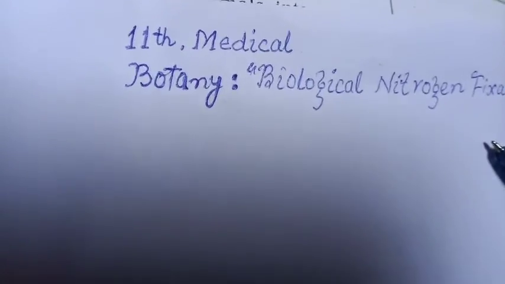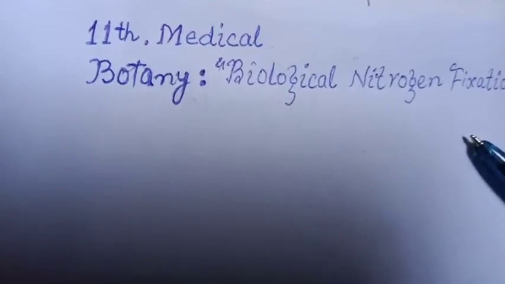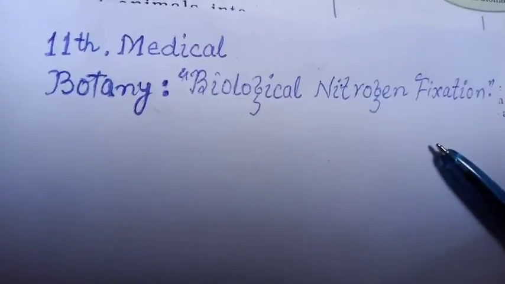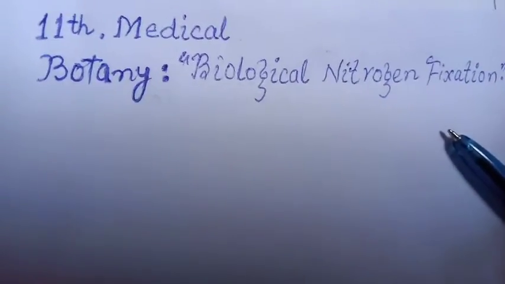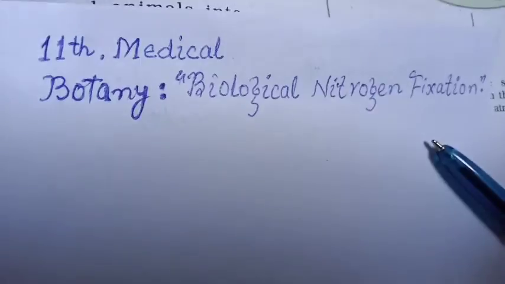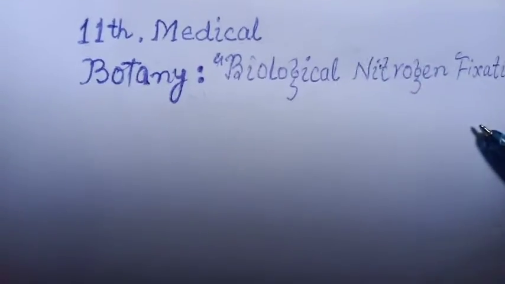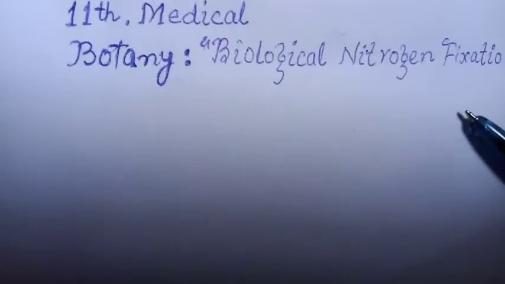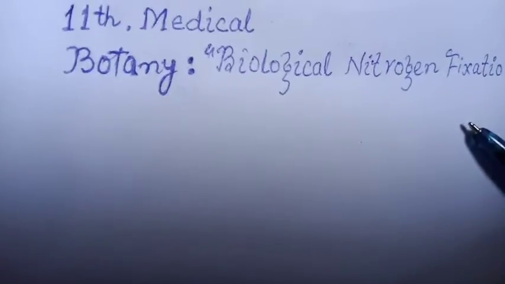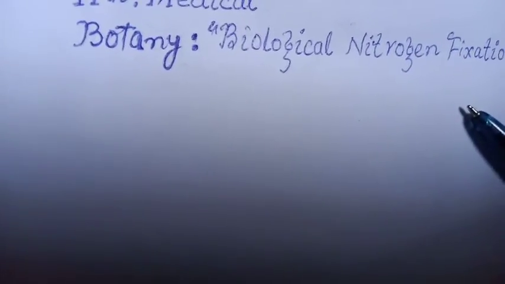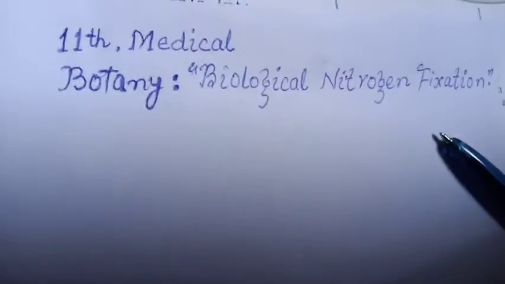Almost 79 or 80% of the air is made up of gaseous nitrogen in the form of N2 molecule. But the plants in general are not able to utilize this atmospheric nitrogen directly.